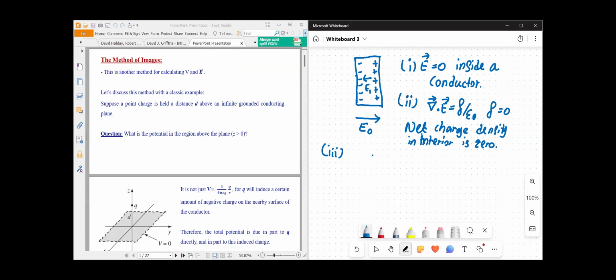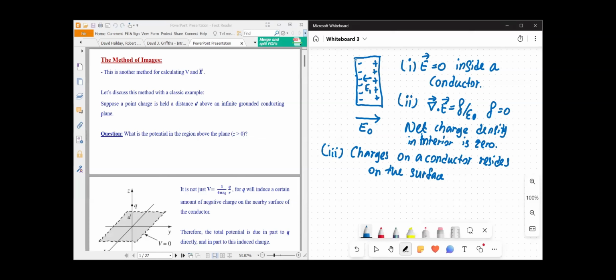Therefore, these excess charges on a conductor will reside on the surface of the conductor.